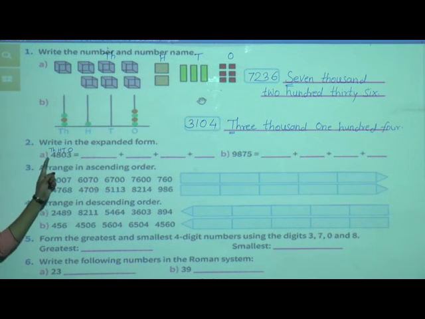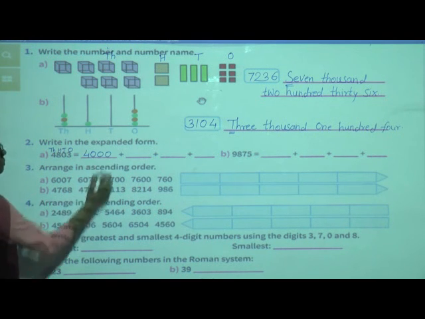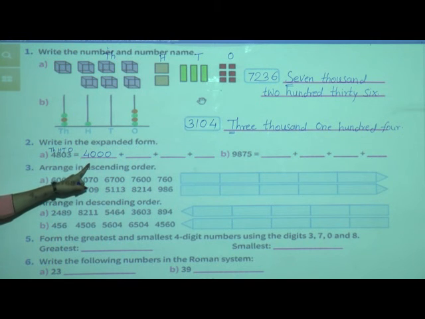Now see, at the thousands place which number can you see here? Yes, 4 is there, 4 at the thousands place. So what will be the place value of this 4? The place value of this 4 is 4000 because it is at the thousands place.